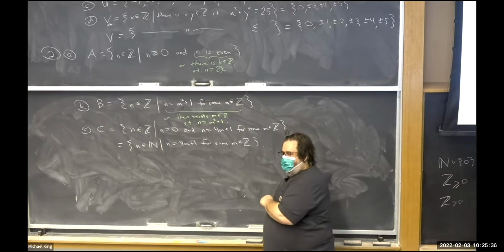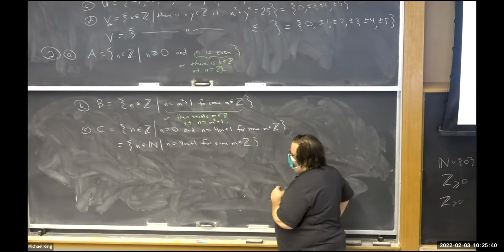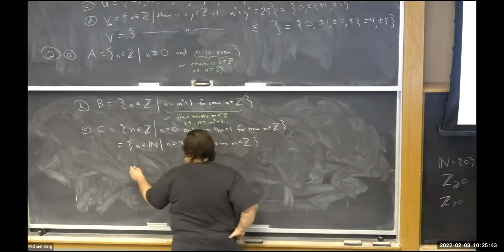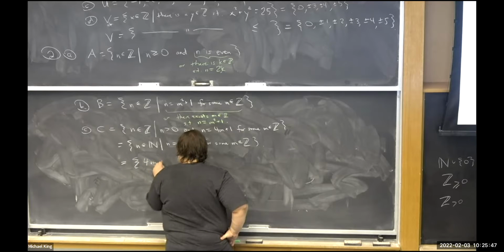Sometimes people will write things with another notation. I'm not sure the book mentions this, but you see it sometimes. I don't love it as much, but you can see what they're saying.